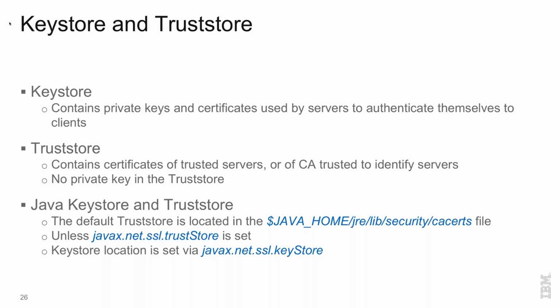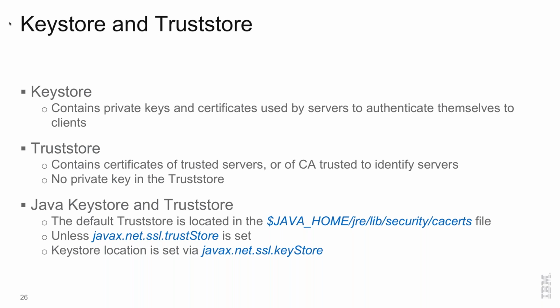Okay, so when you talk to the server, the server will present the certificate to you. The client will use a so-called trust store, which contains either the certificate of the trusted server or of other CAs trusted to identify your server.